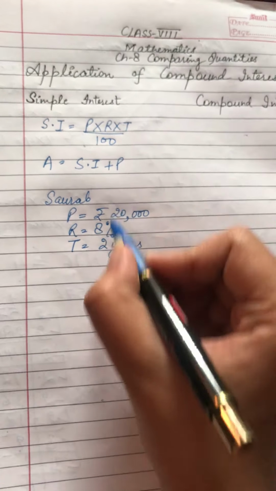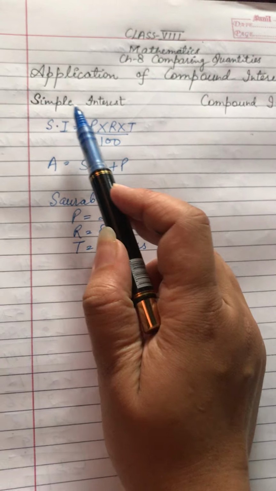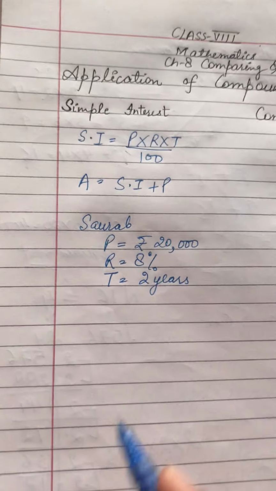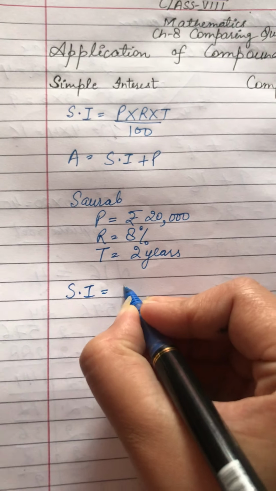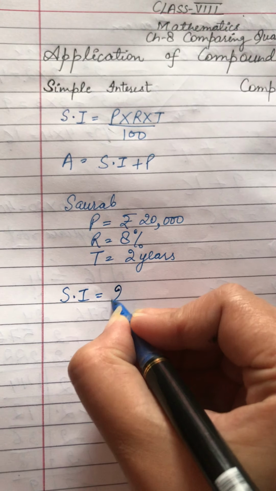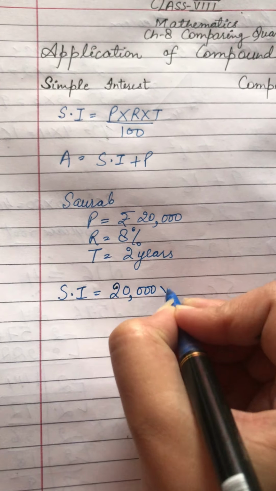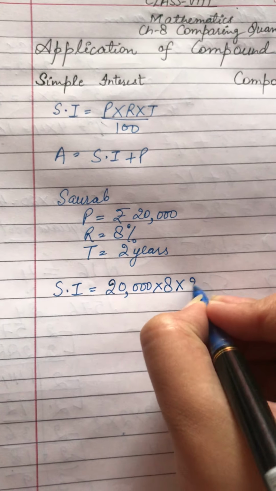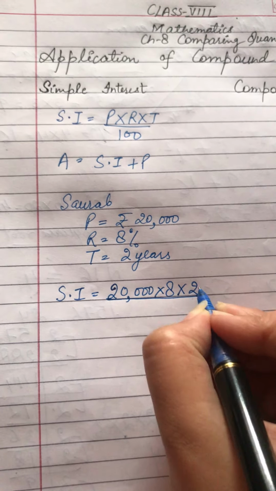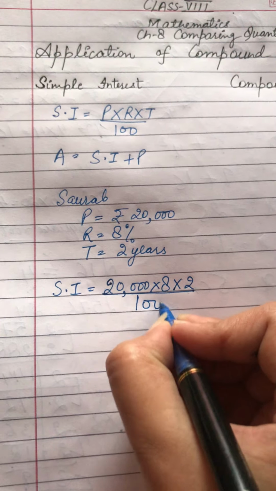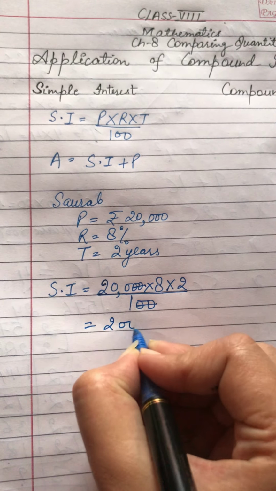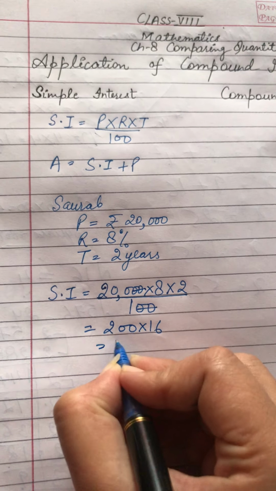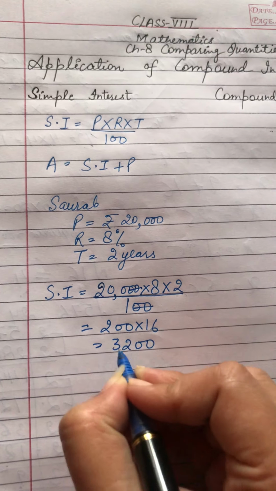If the interest is calculated as simple interest, let's see how we find it. We know the simple interest formula is P into R into T upon 100. P means principal, R means rate, T means time, which is 2 years. We will now multiply this: 3200.